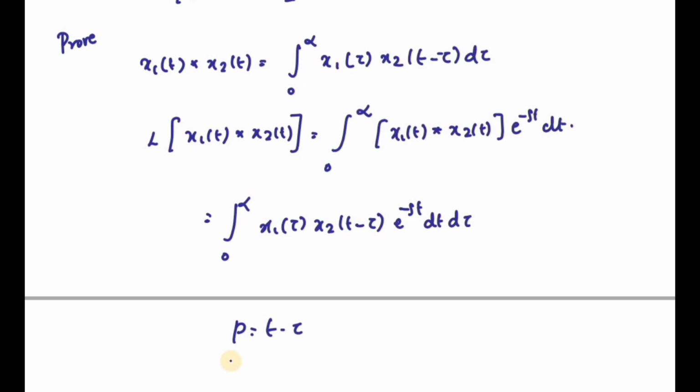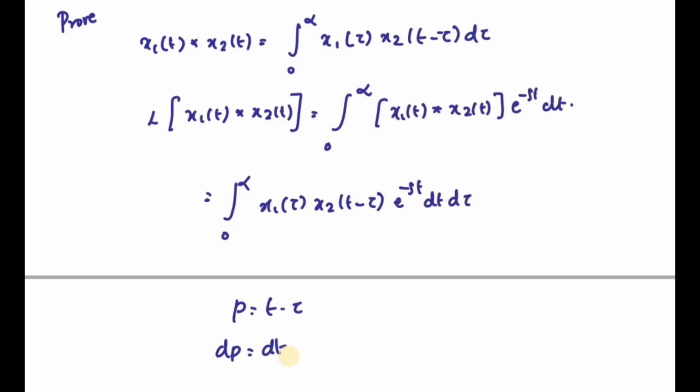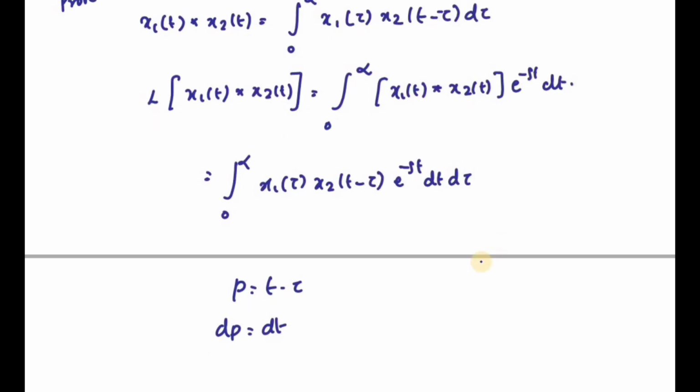If I differentiate with respect to t, I will get dp is equal to dt. Here t is ranging from 0 to infinity. If I substitute here, p becomes minus tau and t becomes infinity.